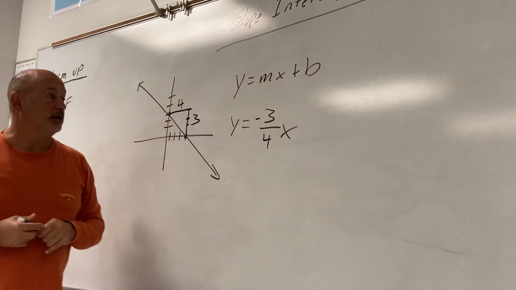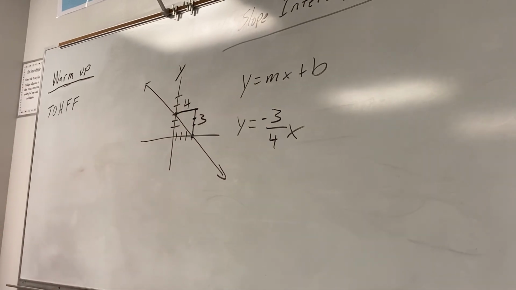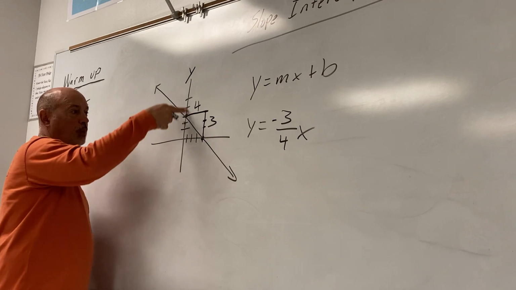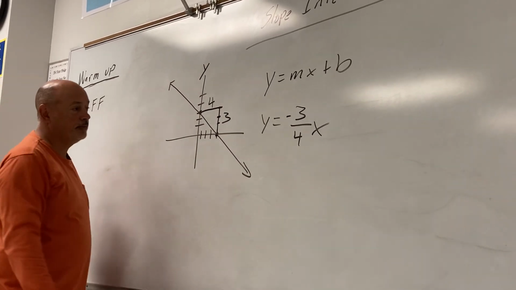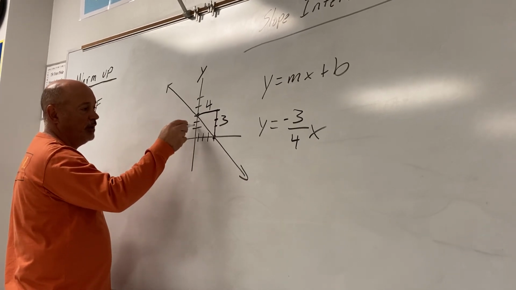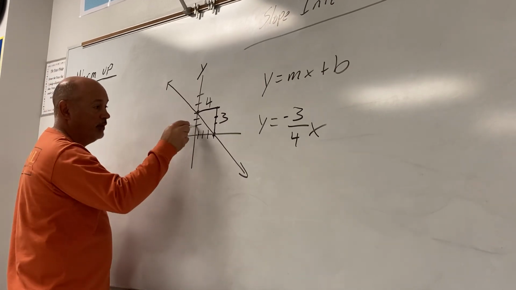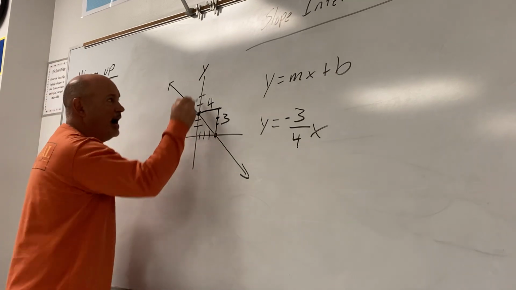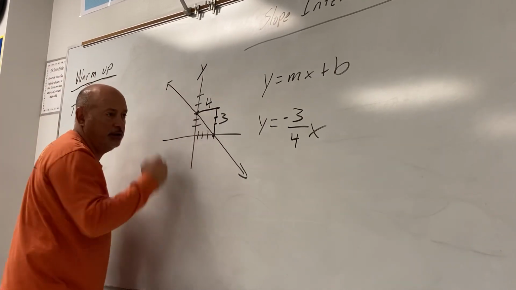y-intercept. Here's the y-axis. Can anybody tell me where this line crosses the y-axis? Bella? Where the first stop is. Tell me, what number? 3. 1, 2, 3. Do y'all agree with Bella that this line crosses the y-axis right here at 3?